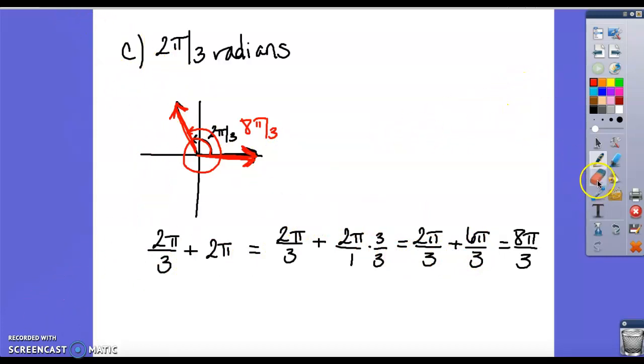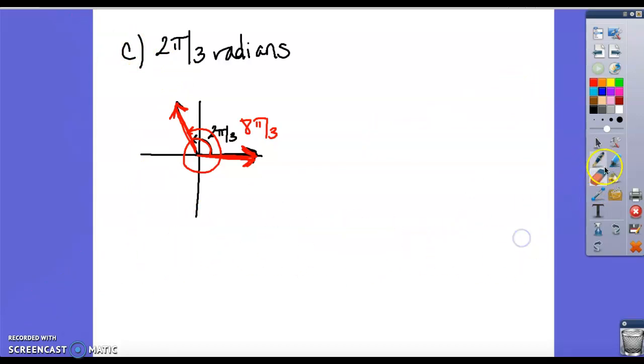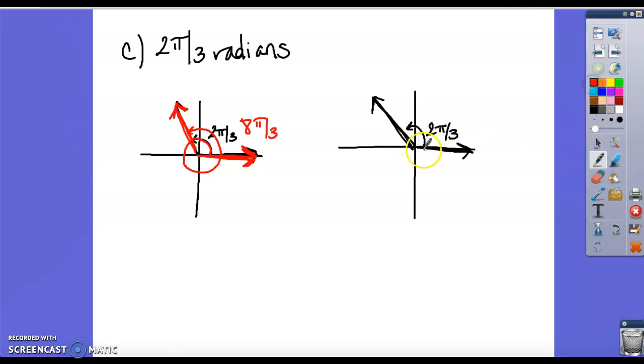Then I need one that is negative. Again I've got 2 pi over 3. To find that coterminal angle, I would go in a clockwise direction.